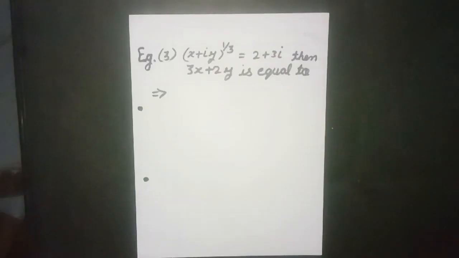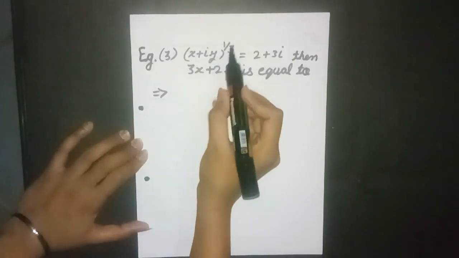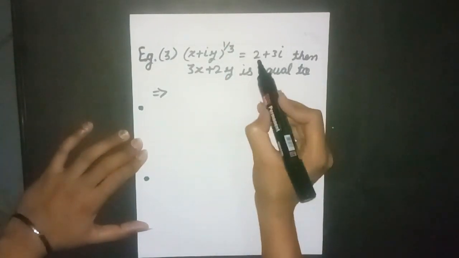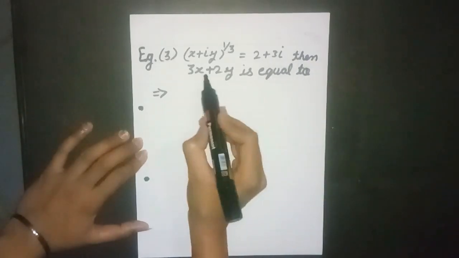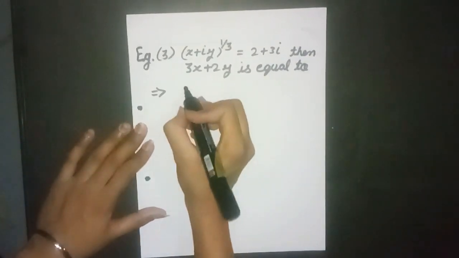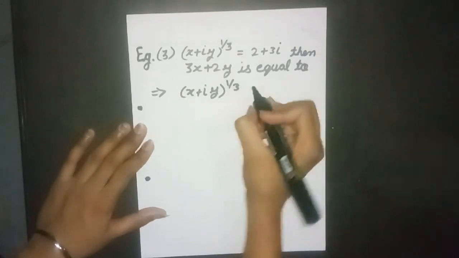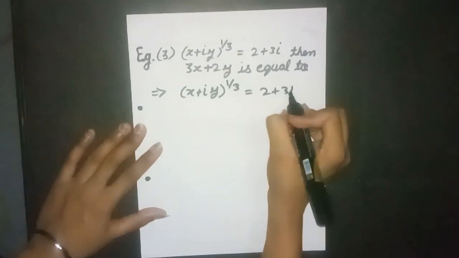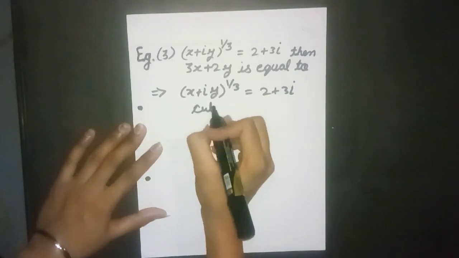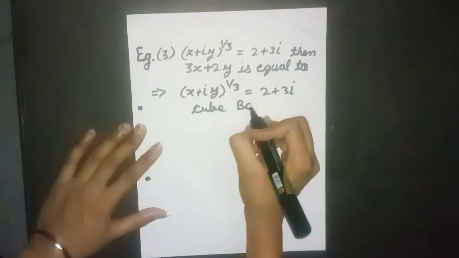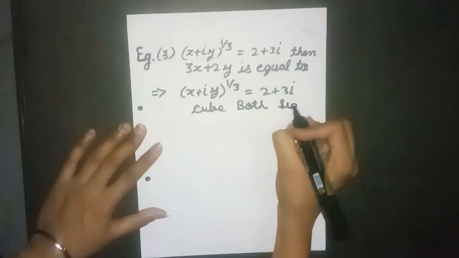Now next, example 3. x plus iota y raised to power 1 by 3 that is equal to 2 plus 3 iota, then 3x plus 2y is equal to? Now x plus iota y raised to power 1 by 3 is equal to 2 plus 3 iota. Let's cube both sides. Got it?